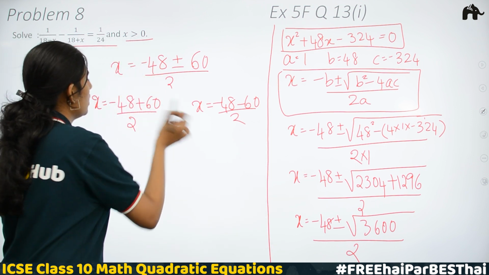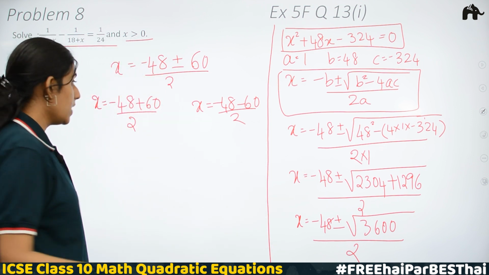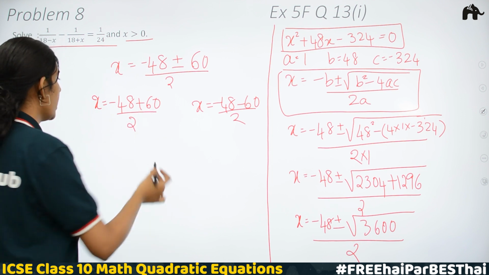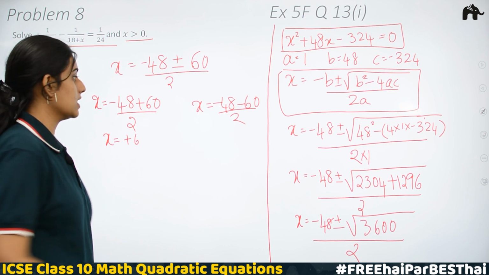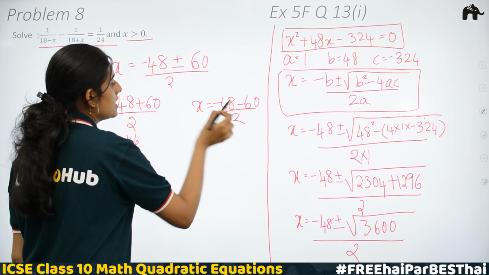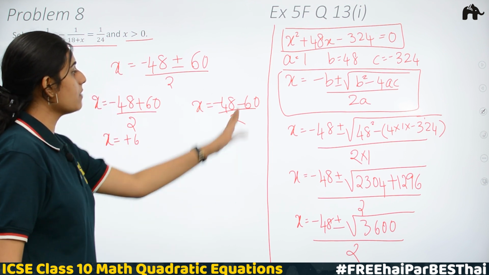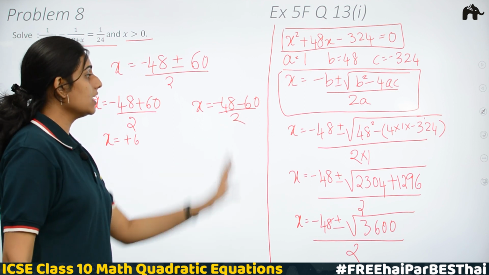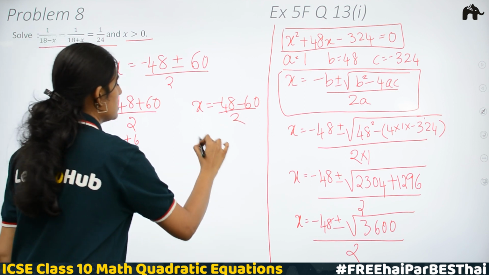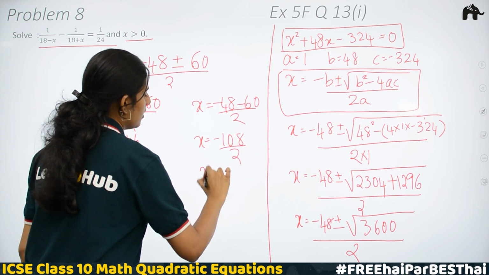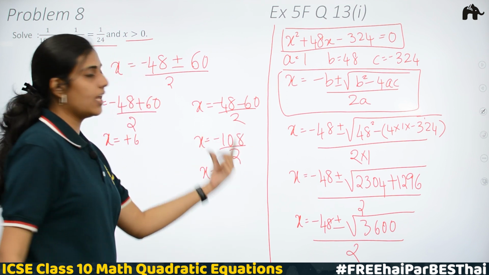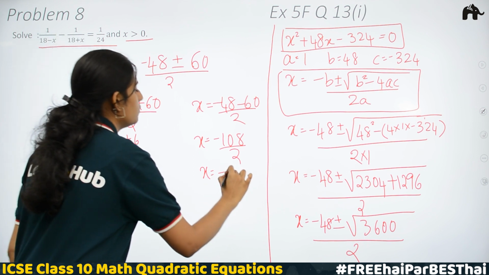What is minus 48 plus 60? Plus 12. Plus 12 divided by 2 is plus 6. x is equal to plus 6. The second one, x is equal to minus 48 minus 60. That is minus 108. x is equal to minus 108 divided by 2, which is minus 54.